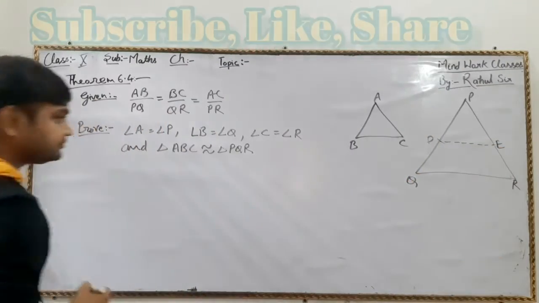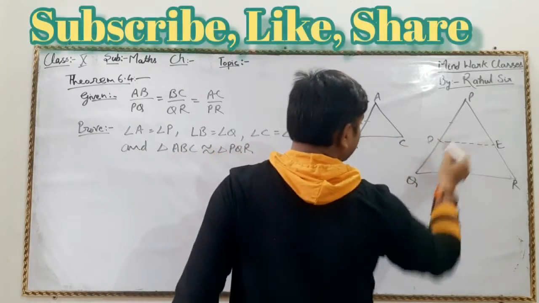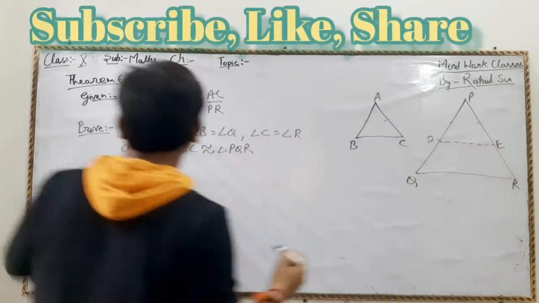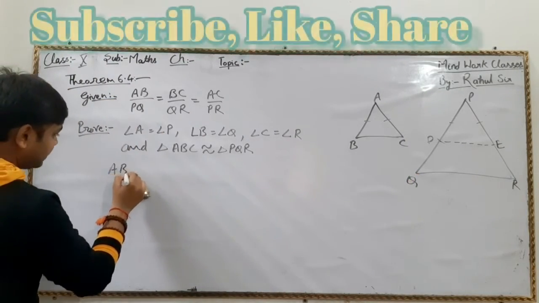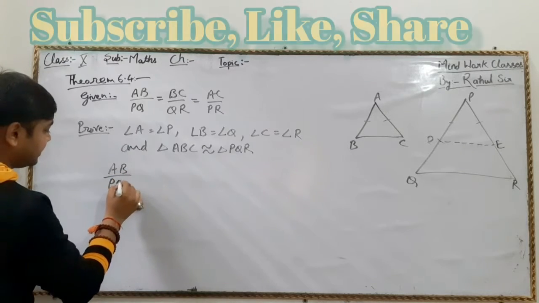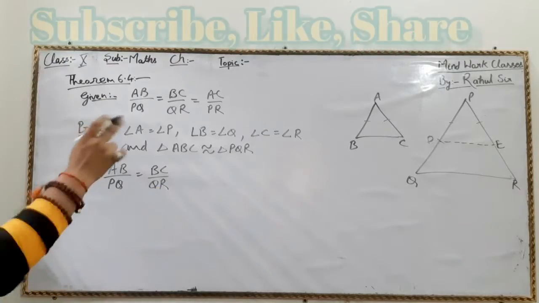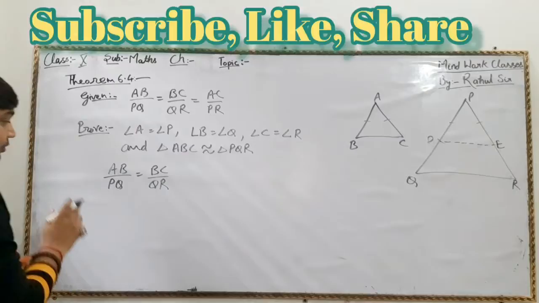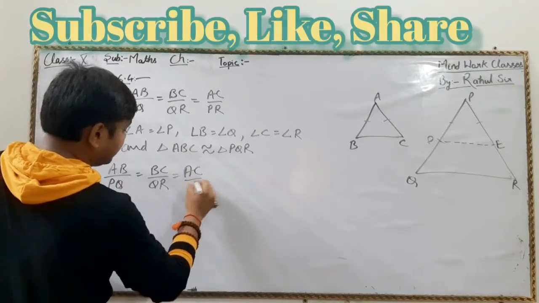So in this case AB is equal to PD and AC is equal to PE, and already please look here, what is given to us? AB upon PQ is equal to BC upon QR, and sorry, this is also equal to AC upon PR.